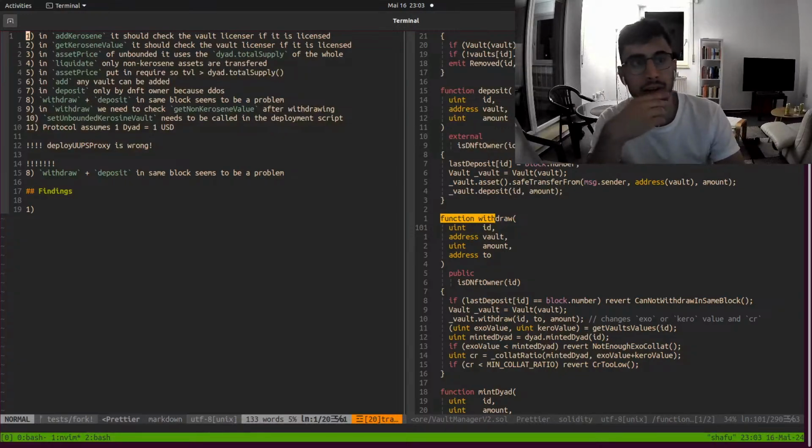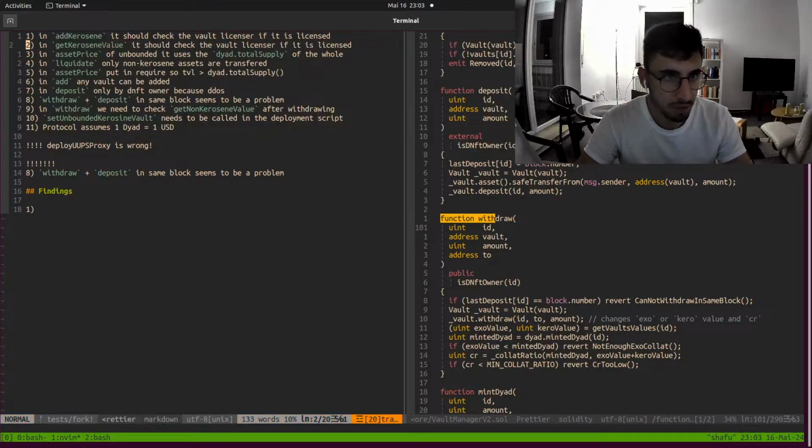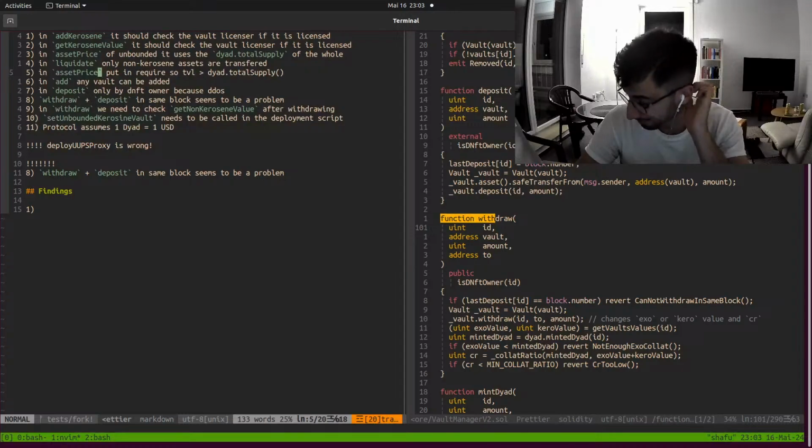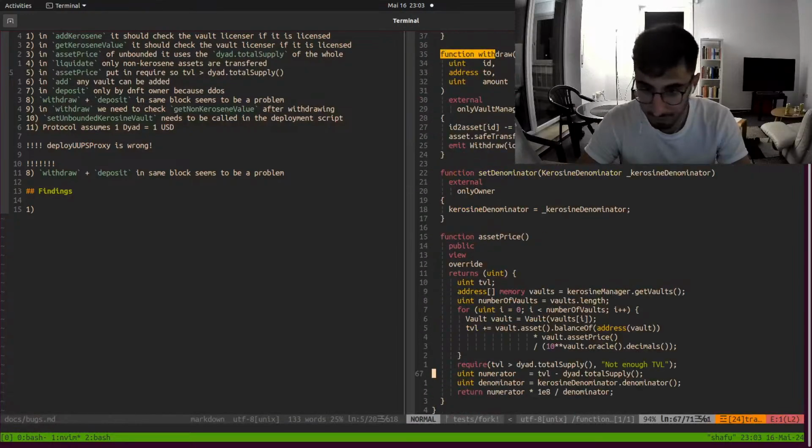In add kerosene, it should check the vote last. We don't even have this function anymore. Get kerosene value. We don't have this function anymore. Of the whole DYAD supply, we only get the DYAD of V2. In liquidate, only non-kerosene assets are transferred now. Everything is transferred. I don't know what my idea there was, to be honest with you. Like this require is not necessary.